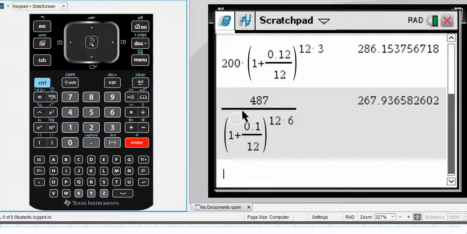And so our entry in this fraction, you'll notice that I built the fraction first and then entered all the data points along the way.